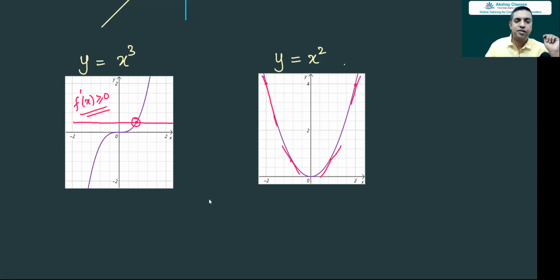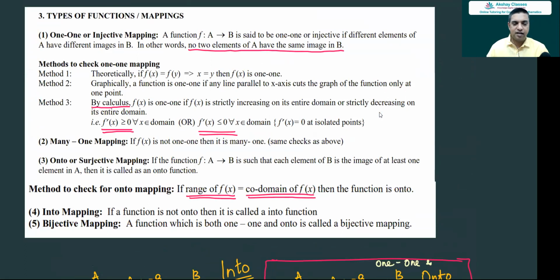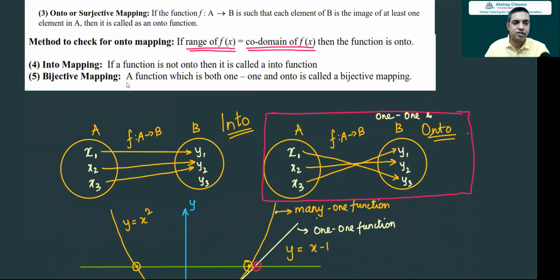So what we can observe is, f dash x is not having the same sign throughout. It is negative and then turning to positive. Therefore, it will not be a 1-1 function. This is the graphical understanding of 1-1 functions.